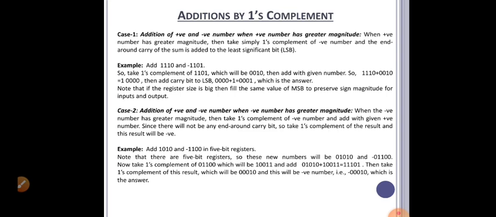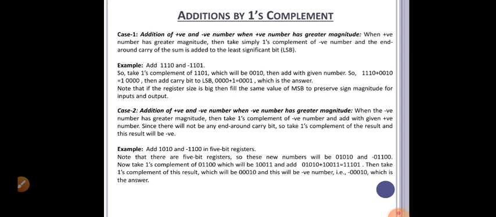I taught you in the previous class how to take the one's complement of a negative number. First of all, take the positive number, then complement it. So here also I have taken 1101, which will be converted by using one's complement. In place of 1 there is 0 and in place of 0 there is 1. Now add with the given number.